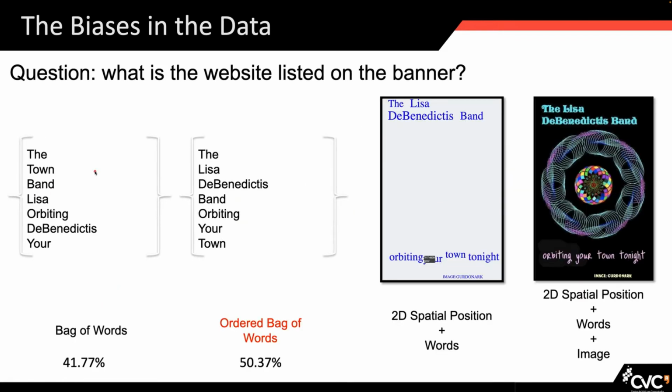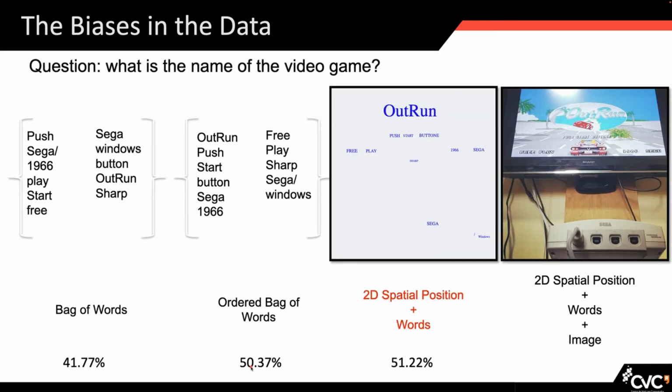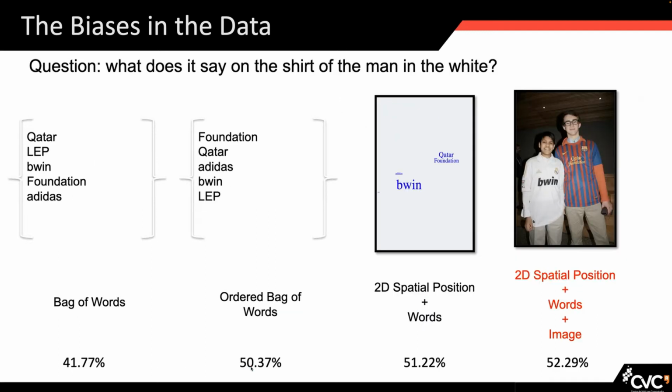And then when you move into an ordered bag of words, so you actually keep the reading order that the OCR gives you, left to right, top to bottom, then you automatically get 50%, without any visual or positional information whatsoever. And after you add the position information, it gives you more or less 1%. And after you put the image as well, you get almost 1% more, right?